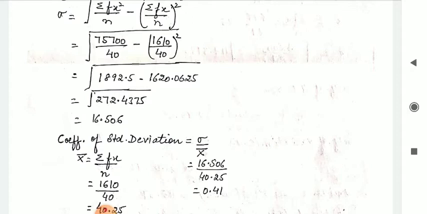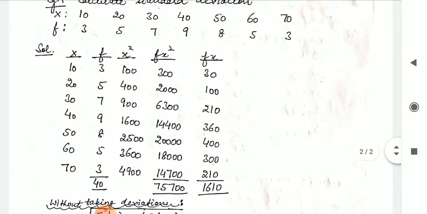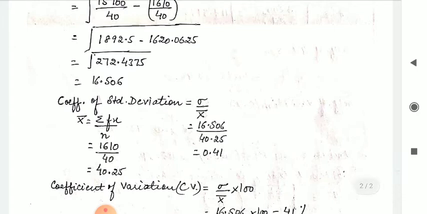Again we can calculate coefficient of standard deviation, that is formula remains the same, standard deviation over mean. And now mean needs to be calculated. X bar is equal to sigma fx over n. So sigma fx means f into x. This is 1610. We put this value 1610 over 40, which is 40.25. And therefore coefficient of standard deviation, putting the values in the formula, we get 0.41.